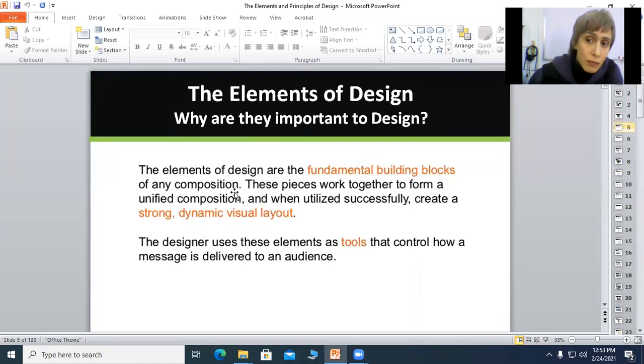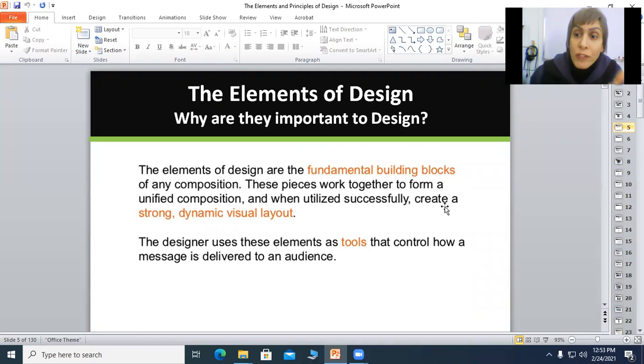So we mentioned before that the elements of design are what? The fundamental building blocks of any composition, of any design, okay? So these pieces, these elements, work together to form a unified composition.